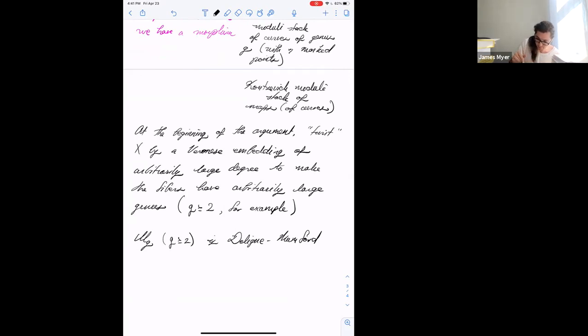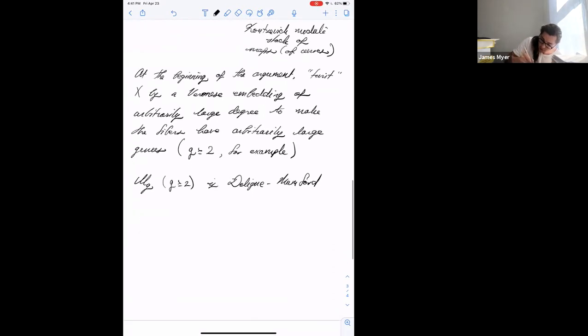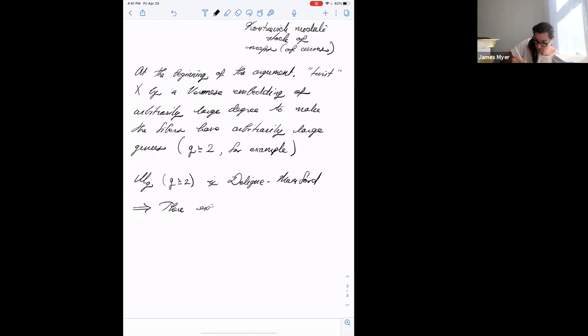Anyway, you could make that happen. And then once you know that, there are a lot of results that go into this, but you can guarantee that there exists a scheme. Let's call that thing S over M_g.